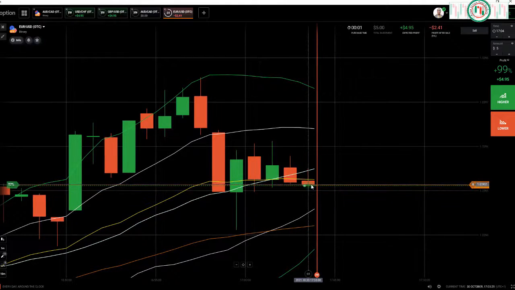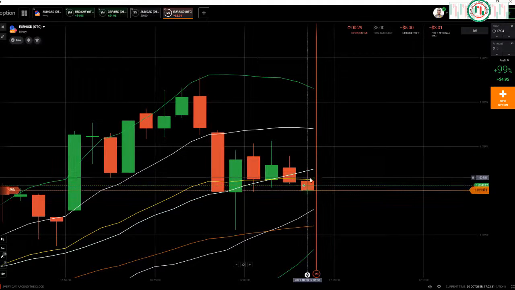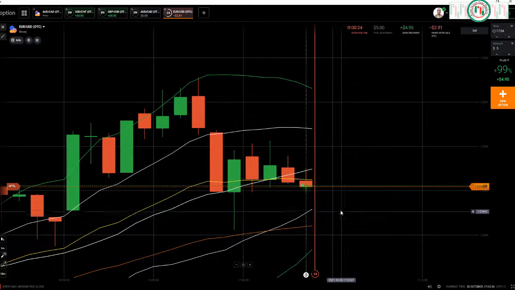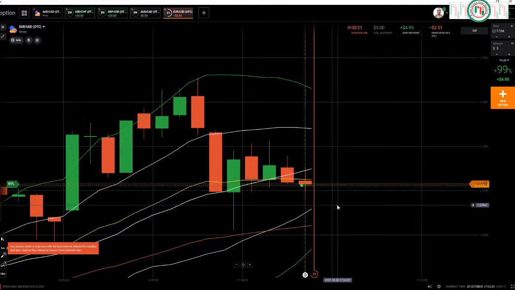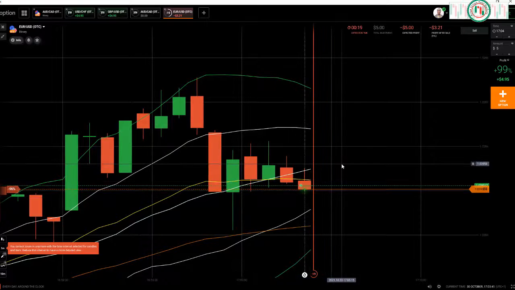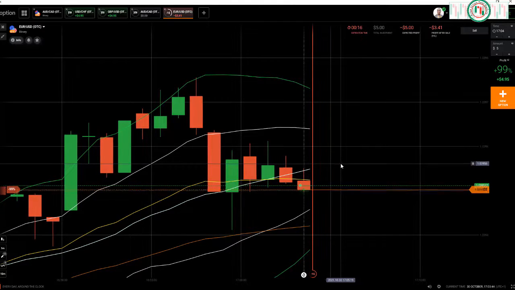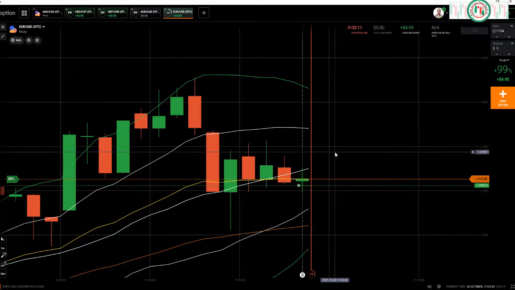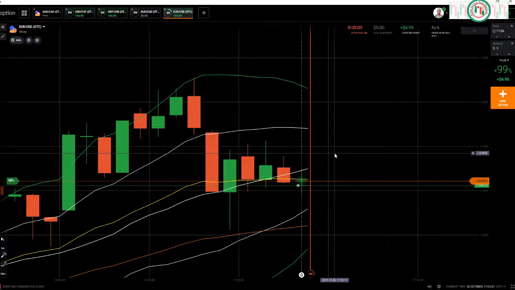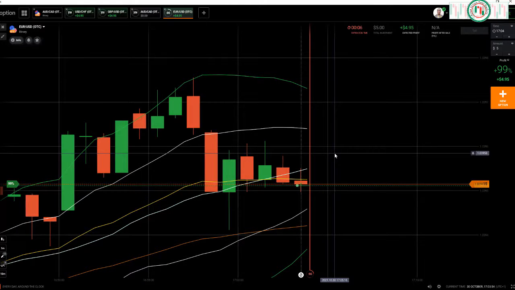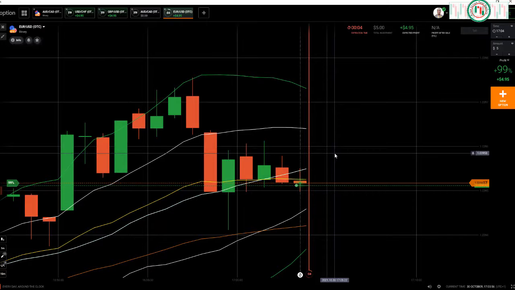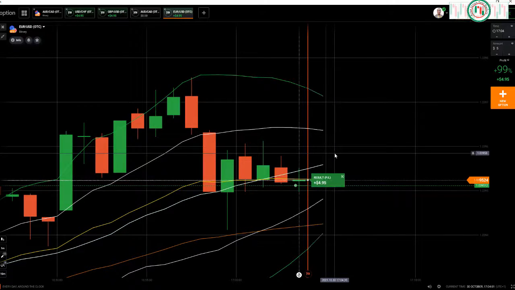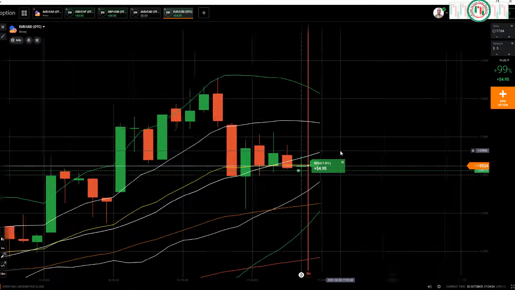The market must close above my entry point because of the consolidation area. That's why I place my call option. Let's see. Even though the market is doing some panic, I know it must close above my entry point. We have 8 seconds. See, the market is closing above my entry point. It's creating a weak candle.